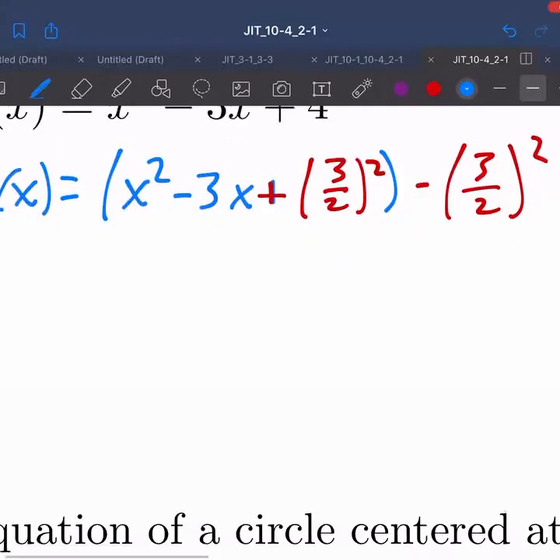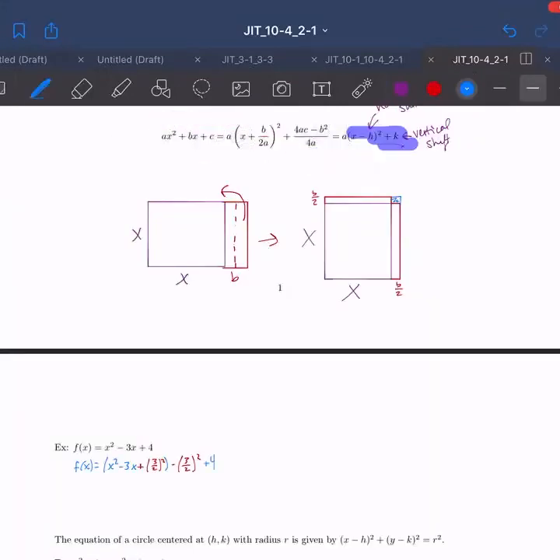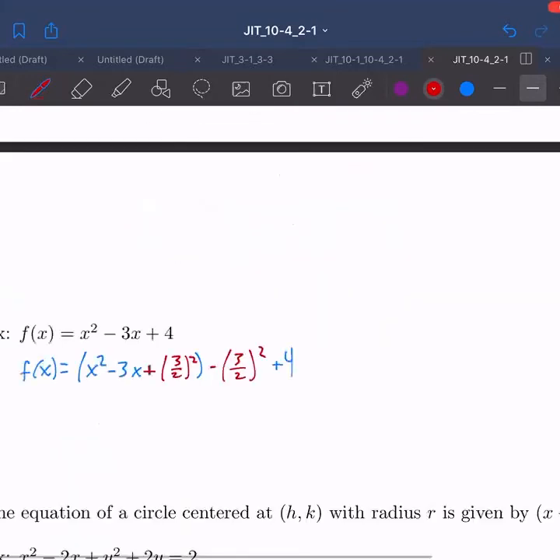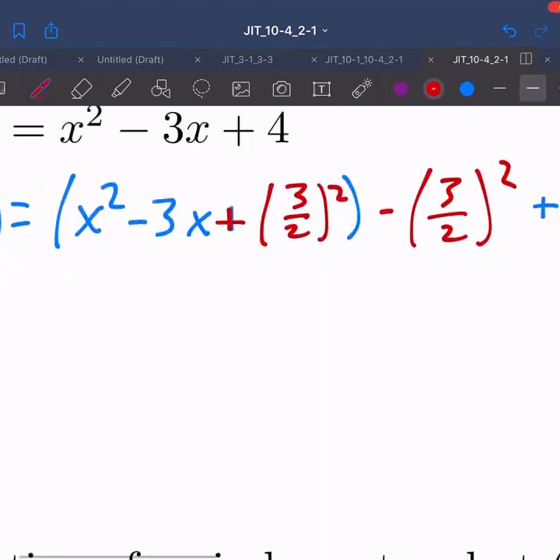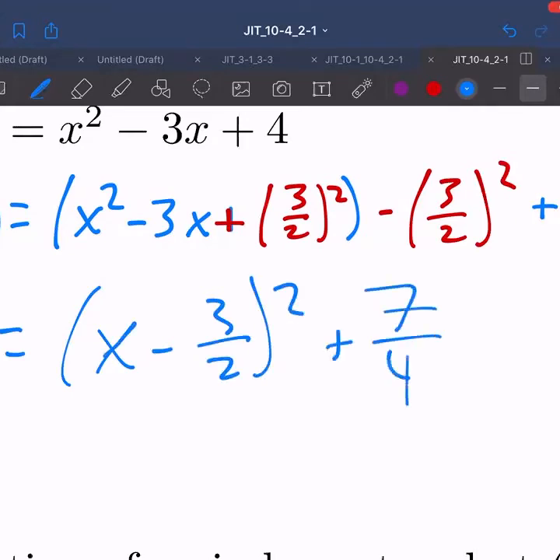I'll zoom out a little bit so you can see both. In red, what I have here is what I'm adding in, or adding and subtracting. So that gives us x minus 3 over 2 squared plus 7 over 4.